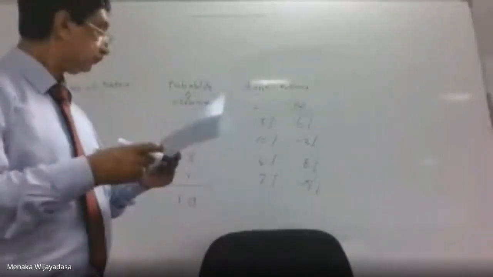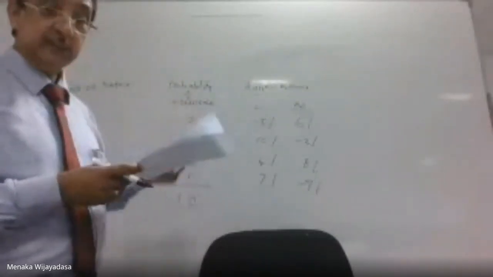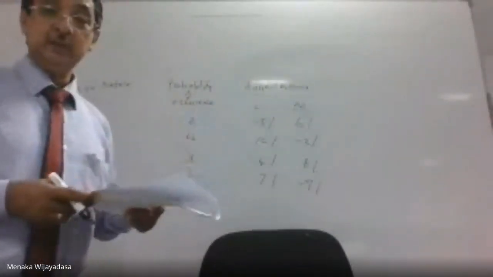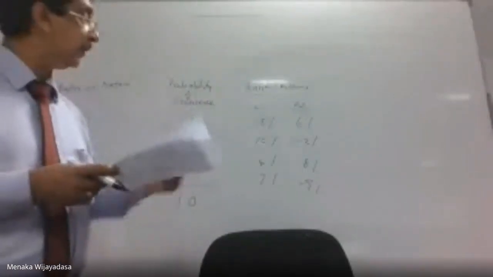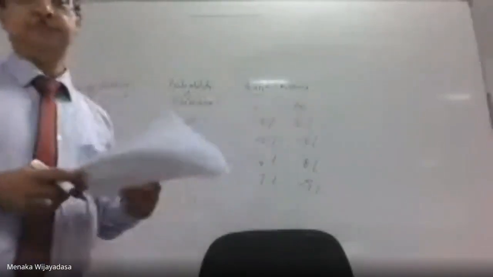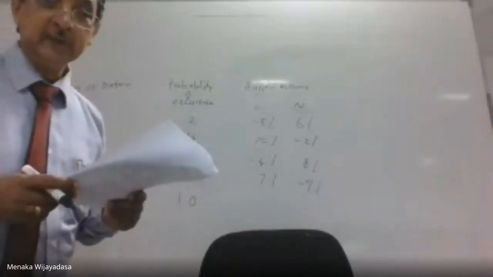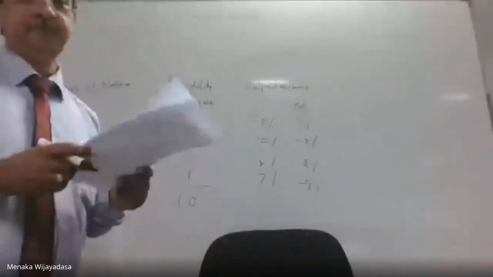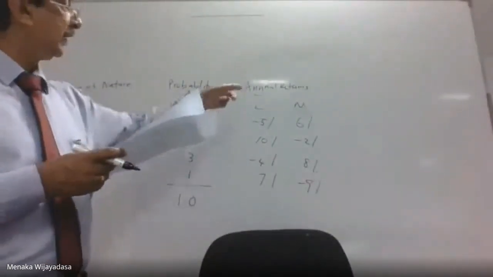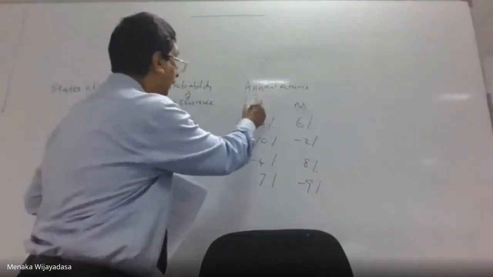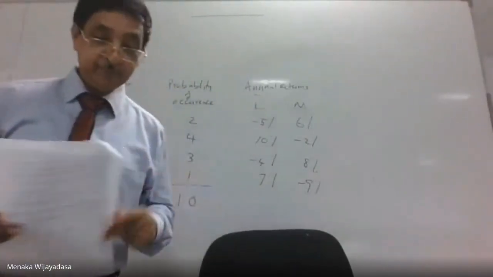Now we will see how we can calculate the covariance of returns of L and M, because these two assets are L and M. As I told you earlier, what do we mean by covariance?